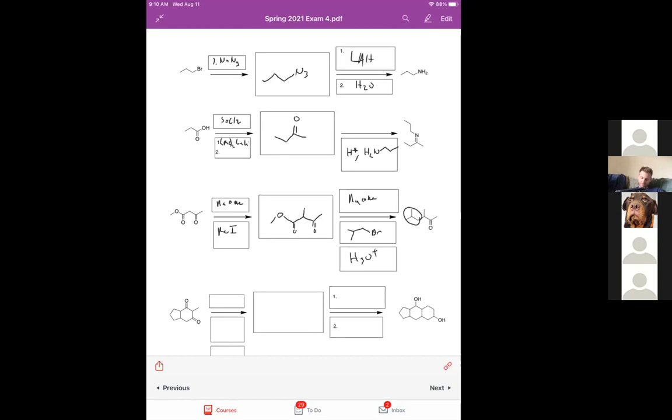So after our first 4 steps, we'd make this, and then adding in H3O plus is going to let us decarboxylate this portion of it to our final product.